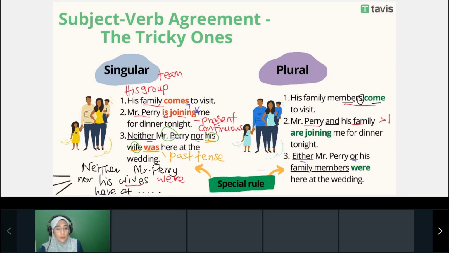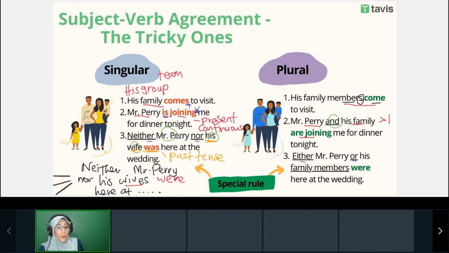Now here we have plural form, are joining. So here we have is joining because Mr. Perry is just one. But here we add on the word and. His family are joining me for dinner tonight.